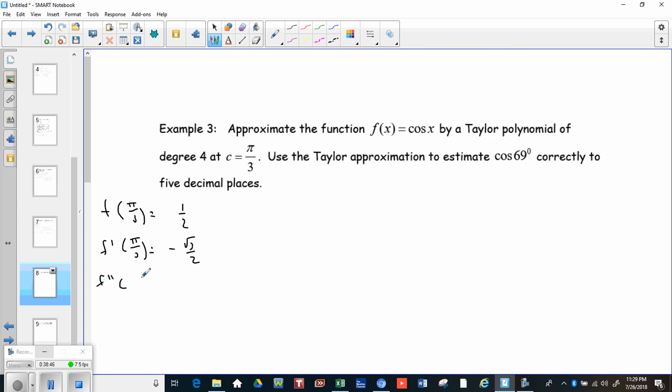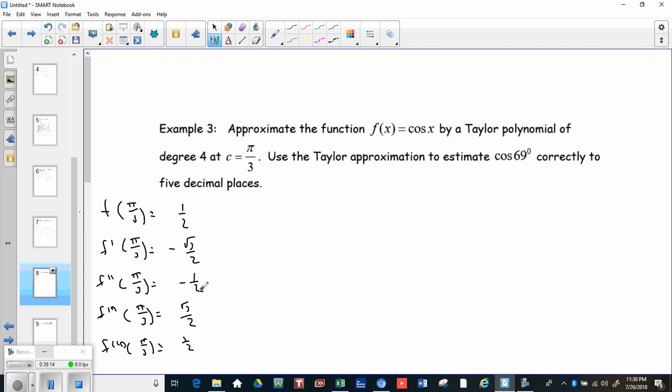F double prime, which is negative cosine, will give us negative 1/2. F triple prime is now going to be positive sine, so that's root 3 over 2. And then the 4th derivative should get us right back to the beginning, which is a half.